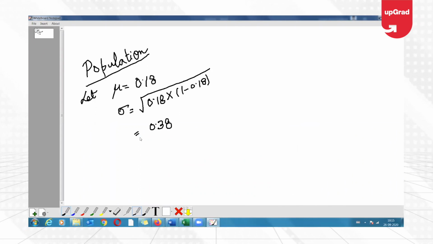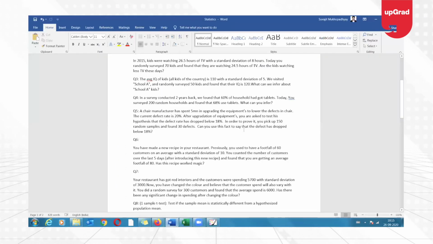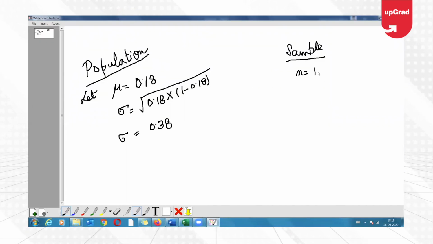So now we have got the mean and we have got the sigma. From the sample side, let's see what we have got. We have n, which is 150, and we found 30 defects. Now this mu is nothing but my defect rate.